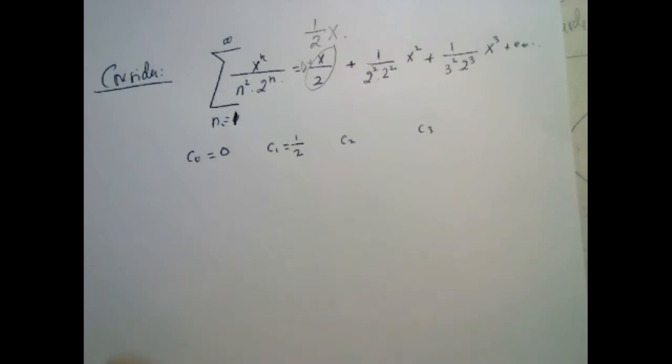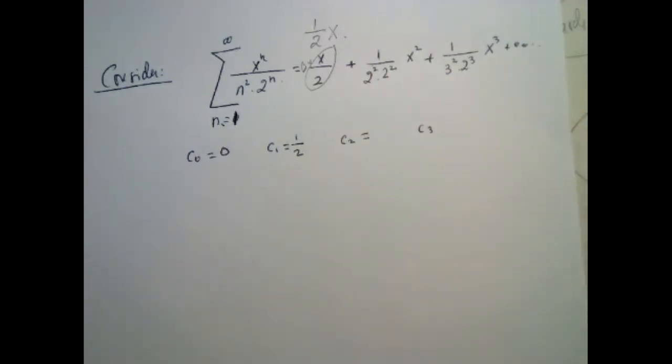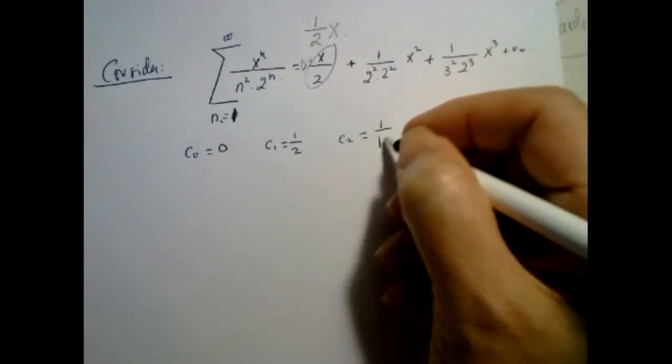C1 is the coefficient of x, and C2 is the coefficient of x squared. So what is x squared multiplied by? That's 1/16.